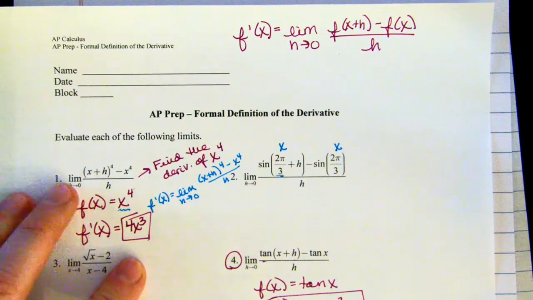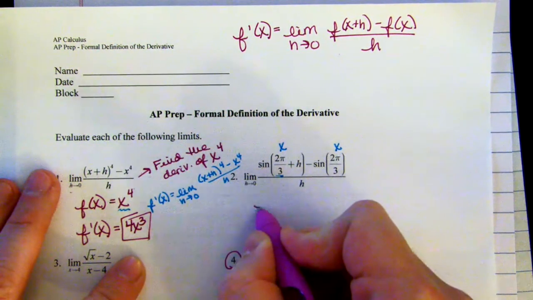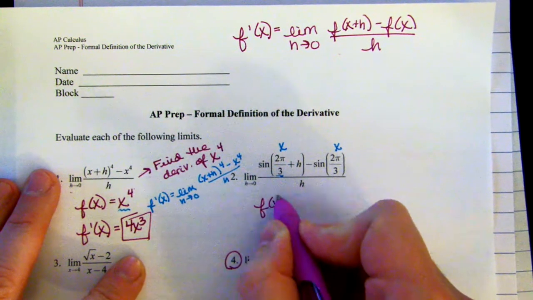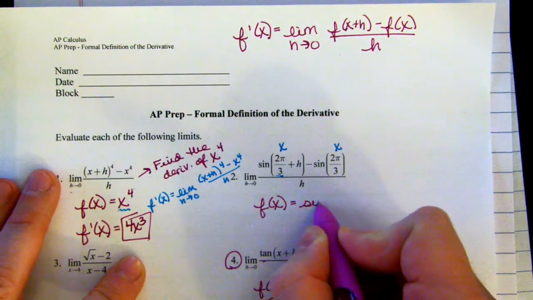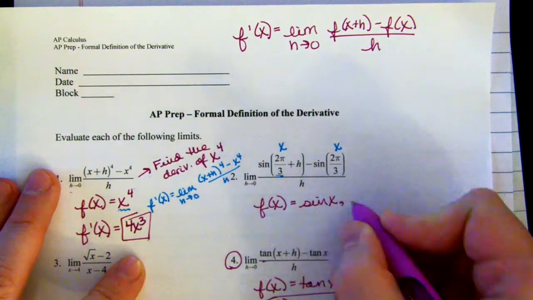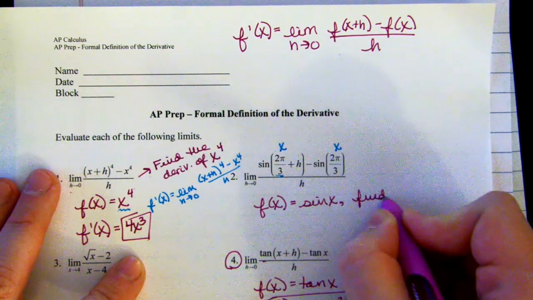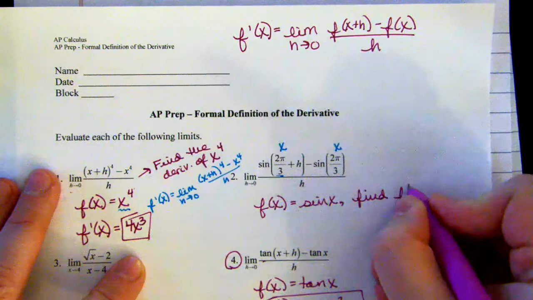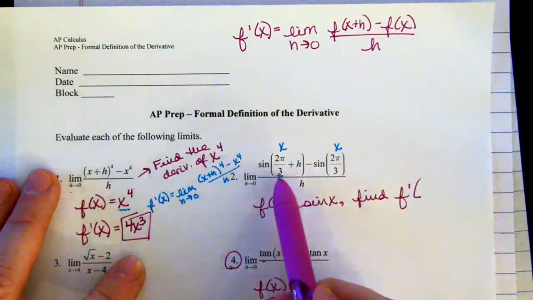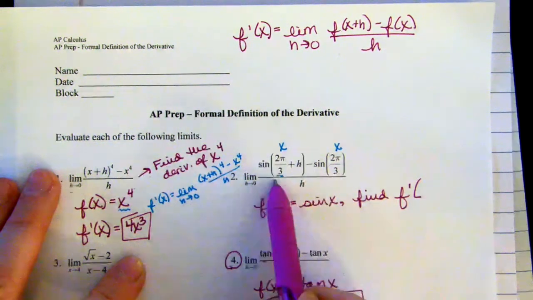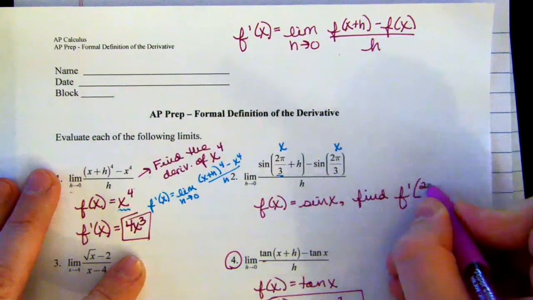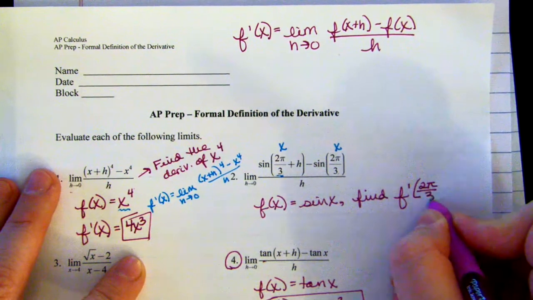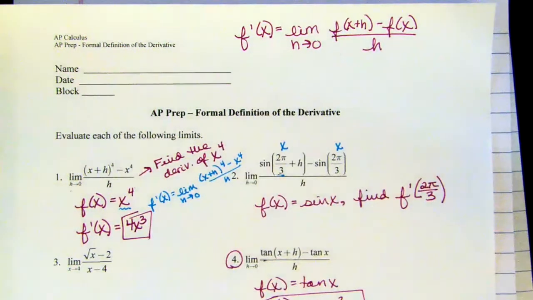What a problem like number 2 is saying is, let's look at the function f of x equals the sine of x, and let's find not f prime of x, but instead f prime of 2 pi over 3, which means let's find the derivative of the sine of x, and when we're done, plug in 2 pi over 3 to that.